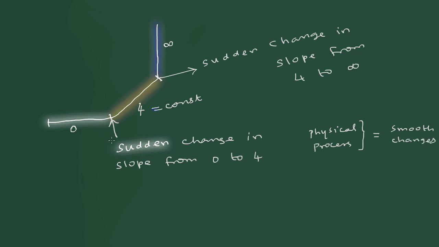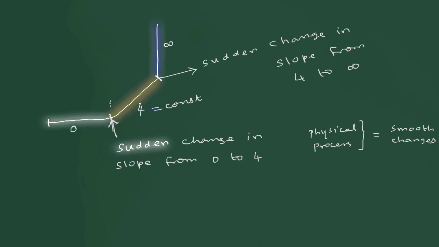Therefore, now the question is this: we have straight lines and we have a physical process. I want to represent a physical process by some curve. When you are plotting with a straight line, there is a difficulty. When you join multiple straight lines, at the junction the change in slope is sudden.